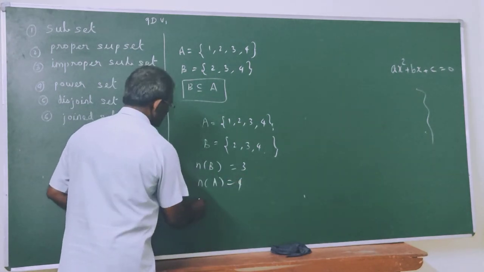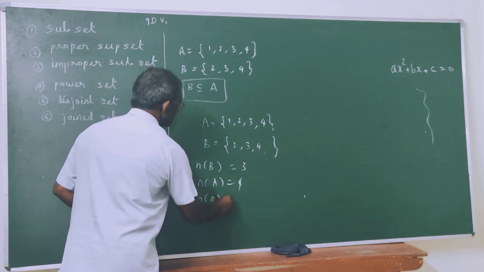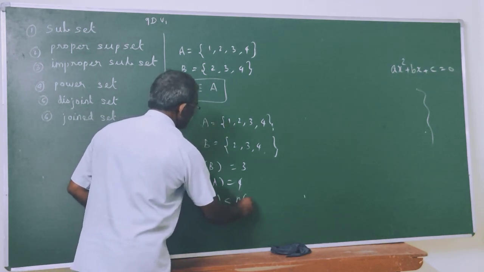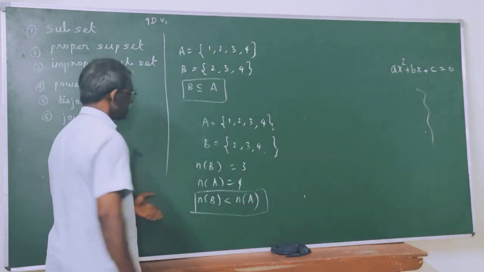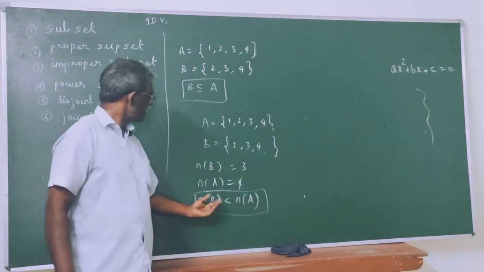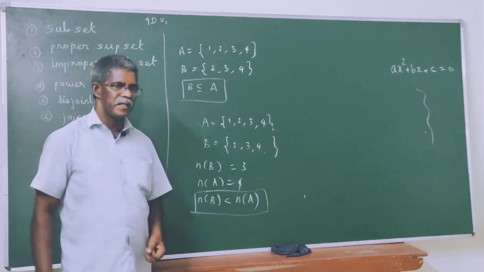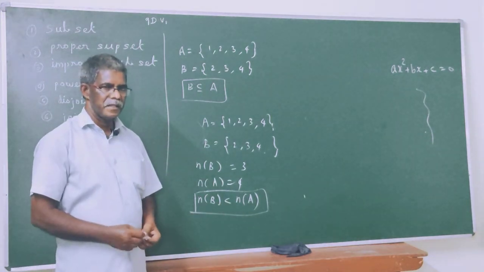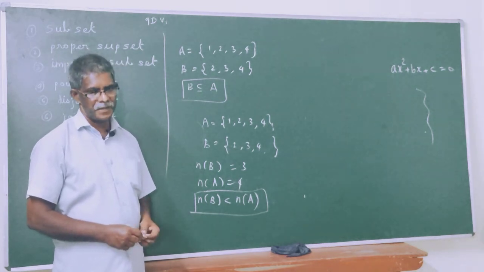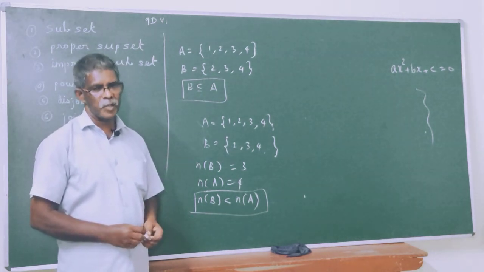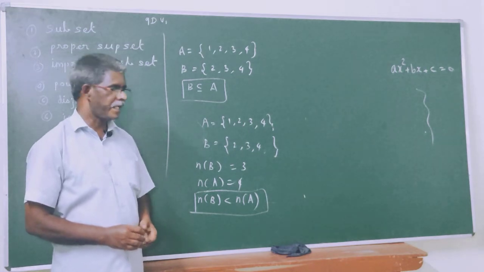So n(B) is less than n(A), and if this condition is satisfied, then B is the proper subset of A.